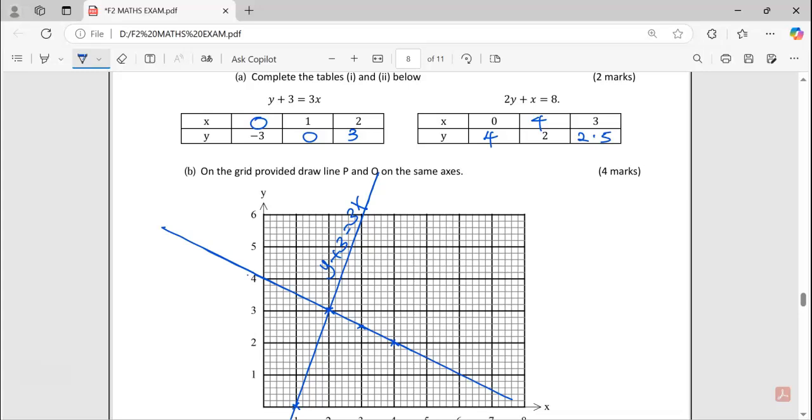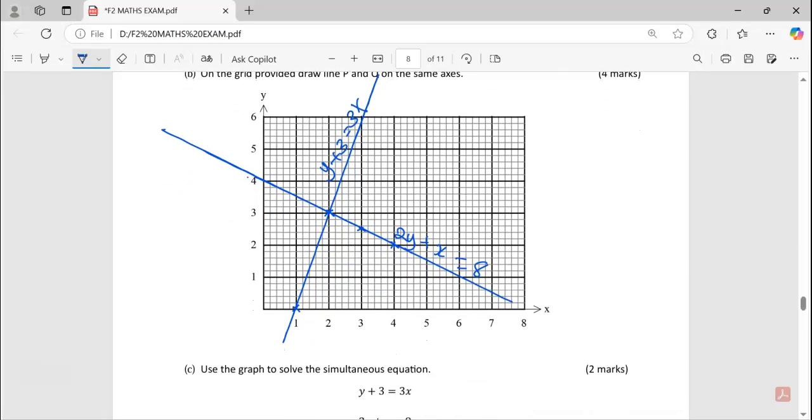So this one, we can draw the line. So we can name the line 2y plus x equals 8. So that is what we're supposed to have.